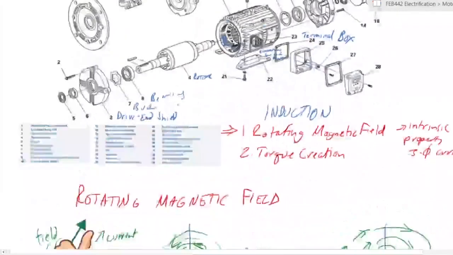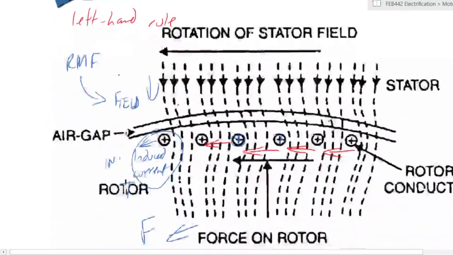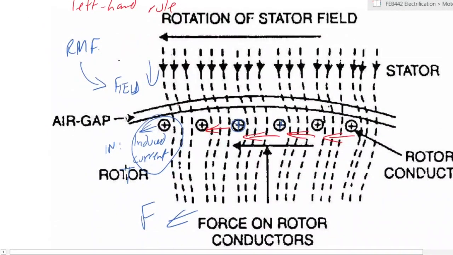So what this means is that as long as you have a virtual difference in speed between the magnetic field and the mechanical motion of the rotor, there will always be a force on the rotor.